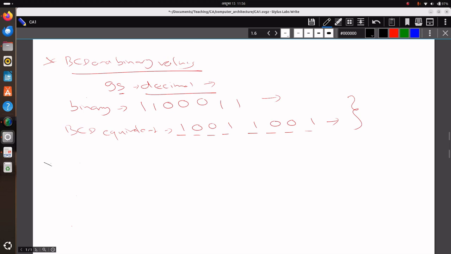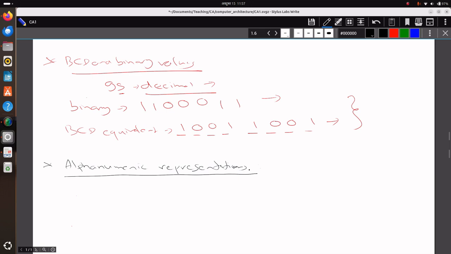Now we'll move on to alphanumeric representations. So what exactly are alphanumeric representations? Many applications of digital computers require the handling of data that consists not only of numbers but also of letters of the alphabet and certain special characters.